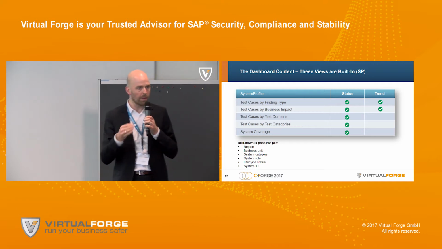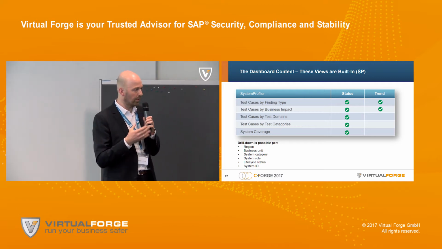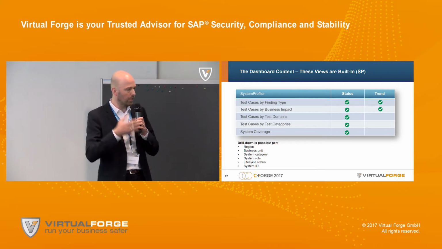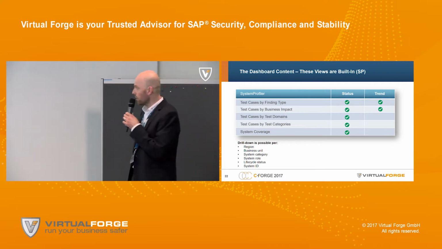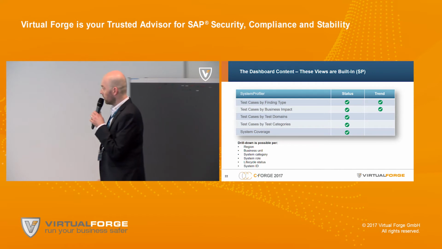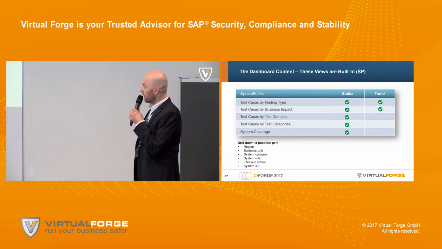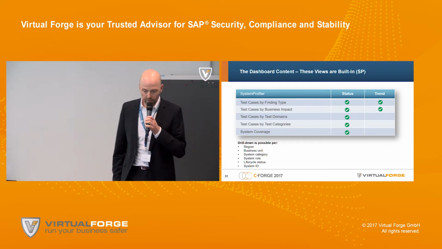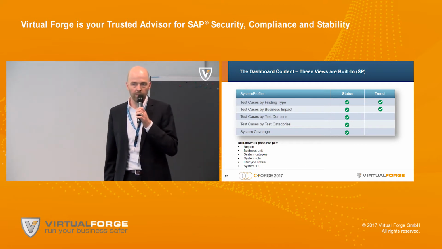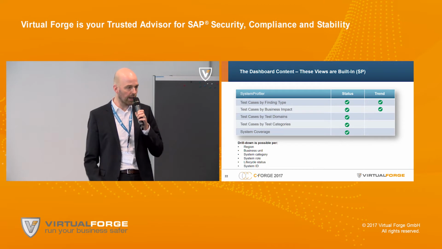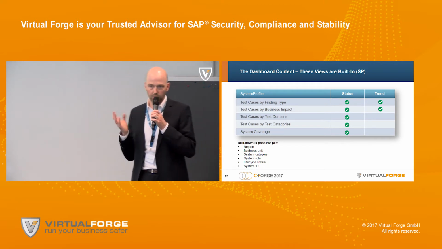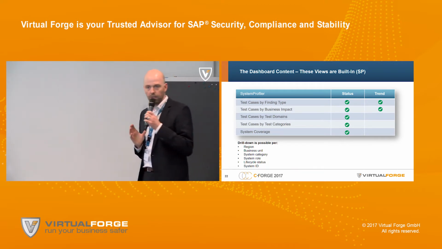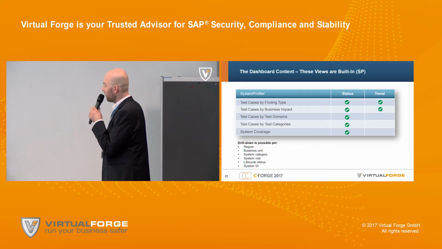So you split up, for example, all these security things into more categories. And system coverage is also something I mentioned in my introduction. You want to know how many systems were scanned and how many systems were not scanned, due to whatever reason. And you can see this in this status.